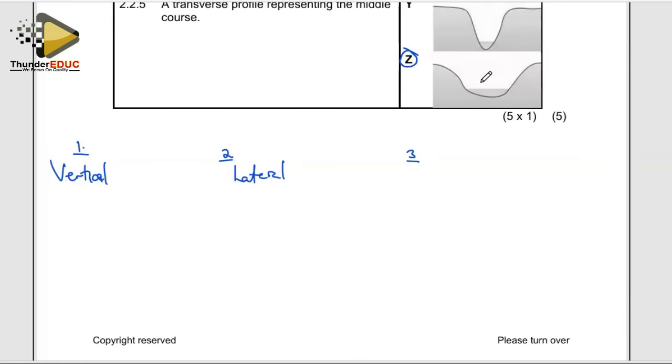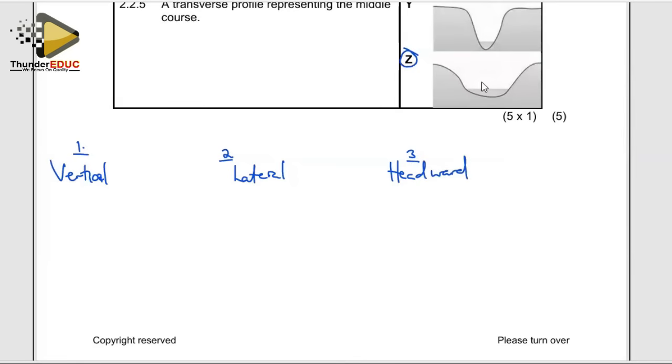What we're talking about here, we're saying for us to realize this type of shape of the cross profile of a river, we realize the lateral cross profile of a river by the nature of erosion that takes place in that segment of the river.